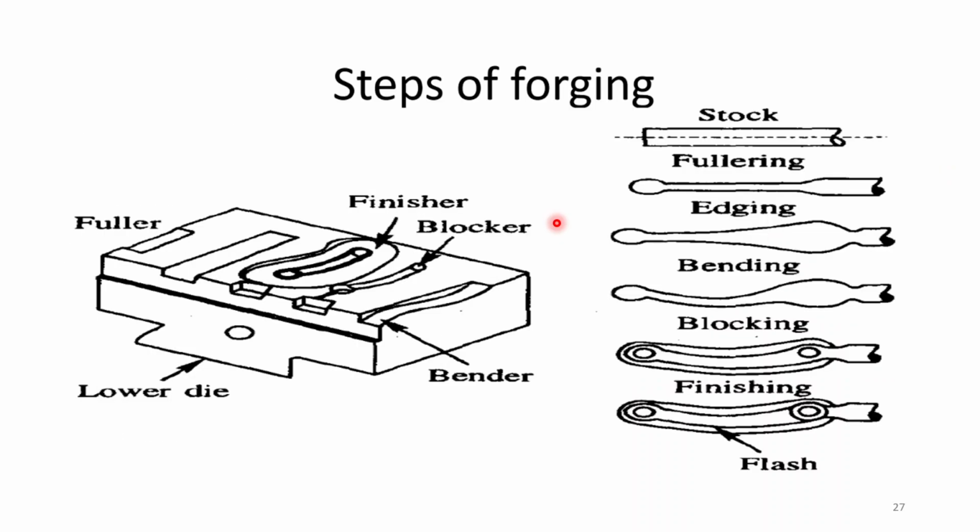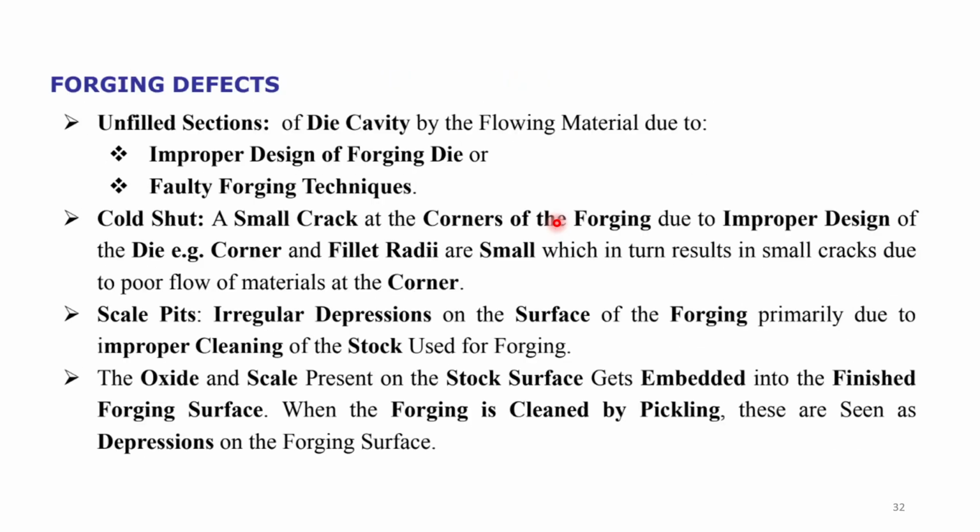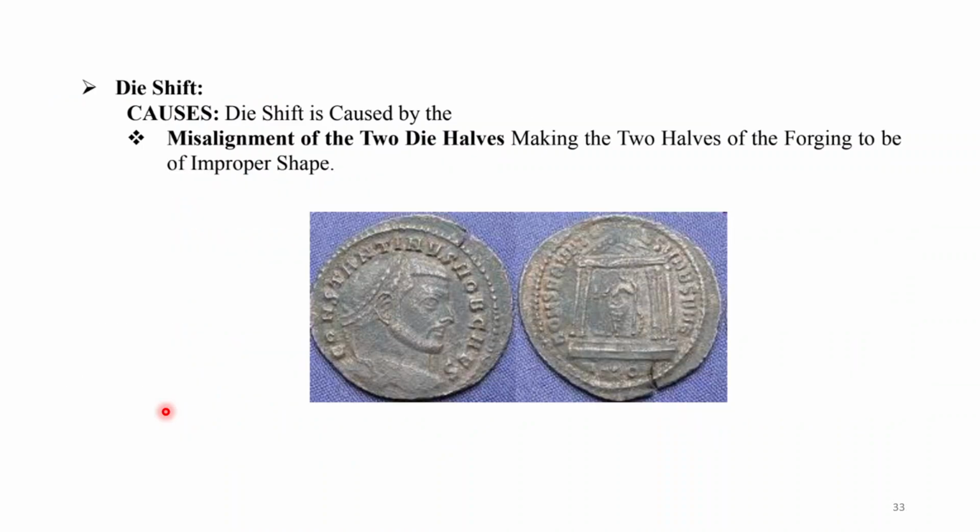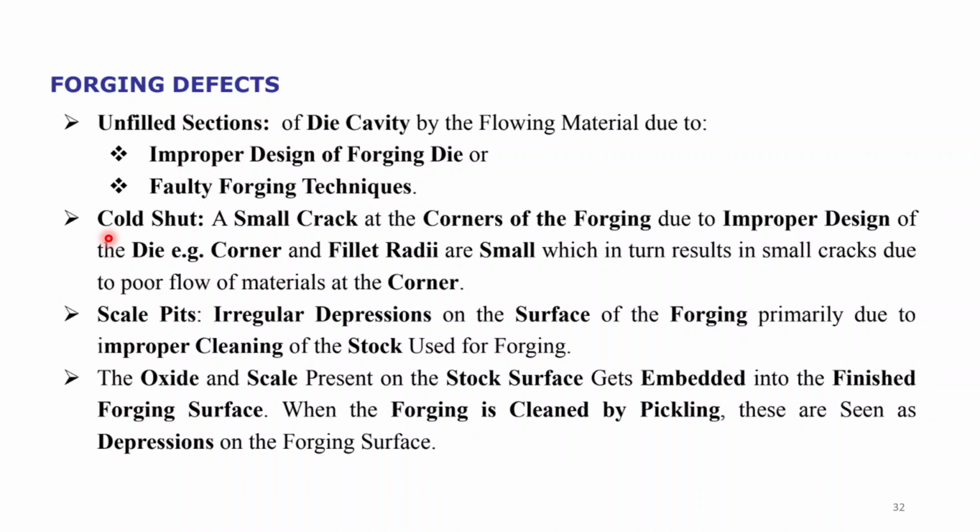Some defects will be there, and I think they are given here as well. These are particular defects found in forging. It won't depend on whether it is cold forging or hot forging; it depends more on how much you take those into consideration. But a spring back type of effect won't be here.